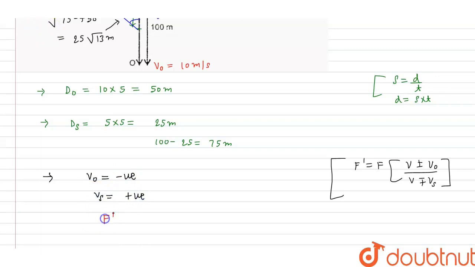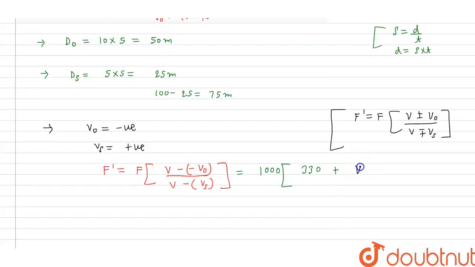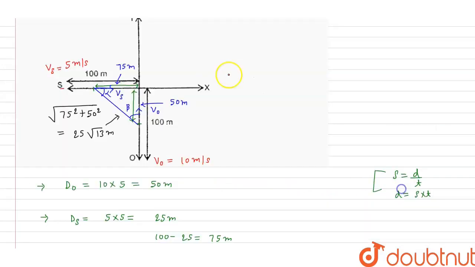So frequency f dash is equal to f into v minus v0 divided by v minus plus vs, equal to the frequency given, 1000 Hz, into v 330 plus v0 cos beta divided by 330 minus vs cos alpha.